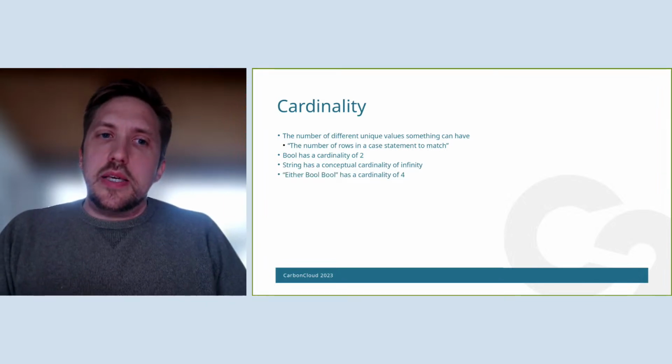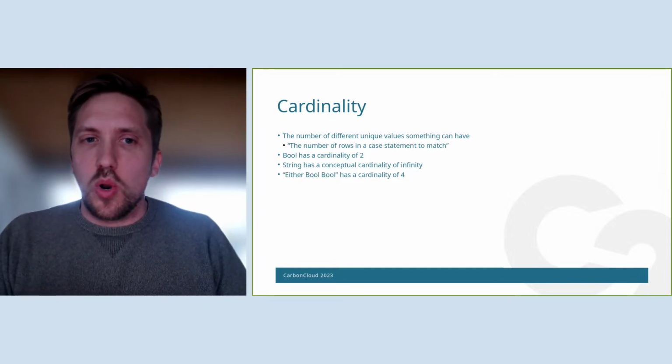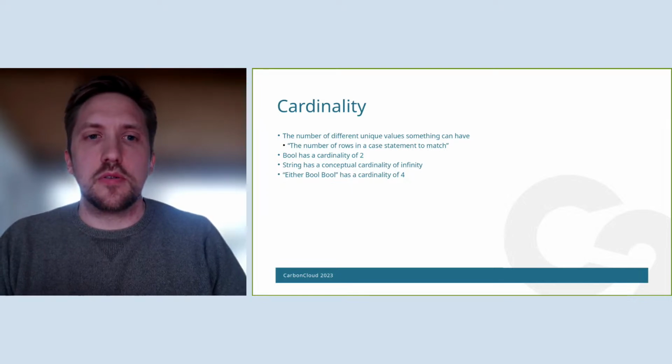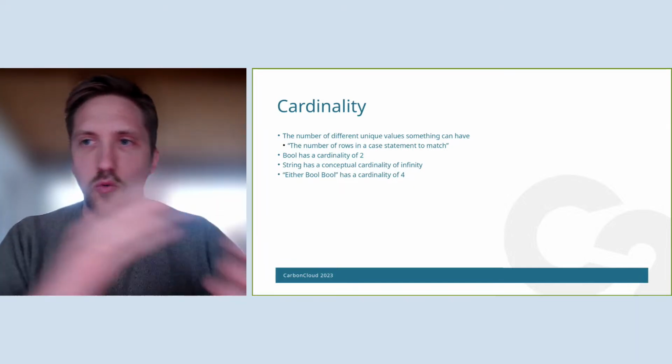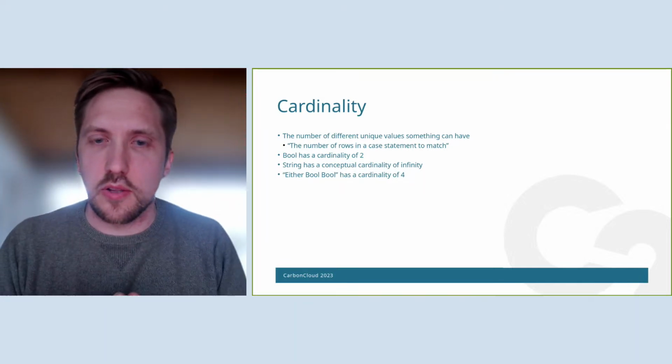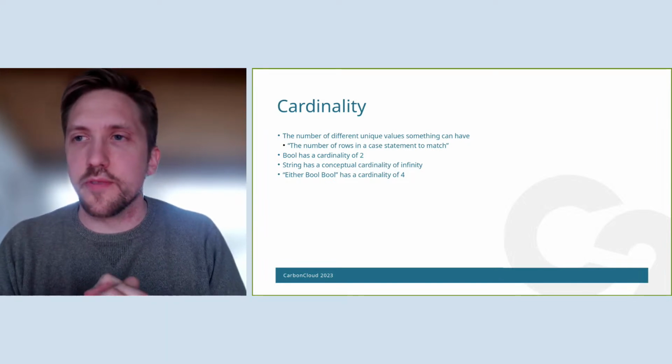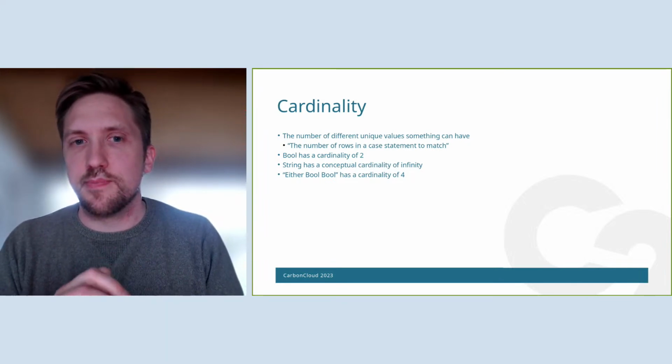And an Either Bool Bool is either Left with true or false, or Right with true or false. So that's a cardinality of 4, four different unique states.